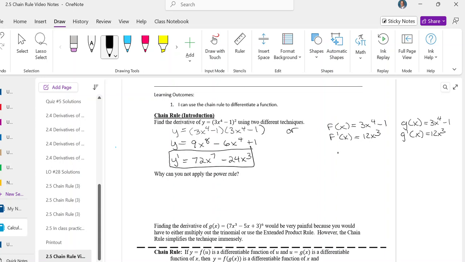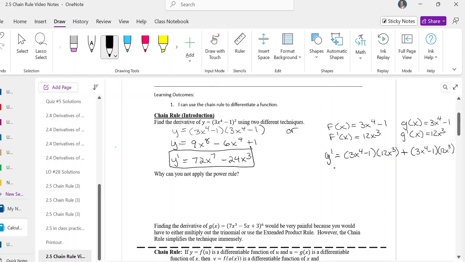And notice if you do f g prime, so (3x^4 - 1) times 12x^3, plus (3x^4 - 1) times 12x^3.